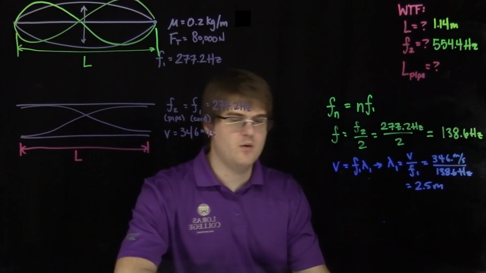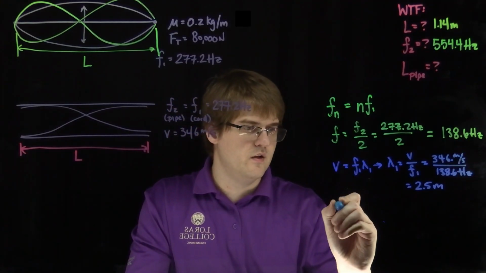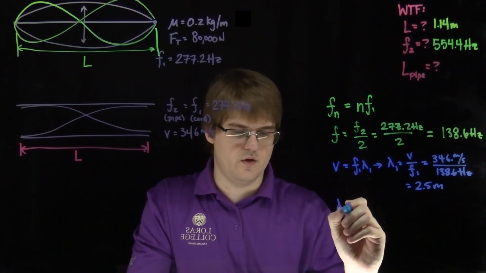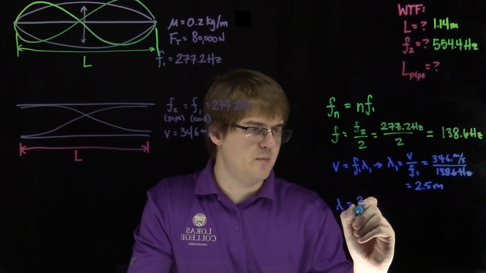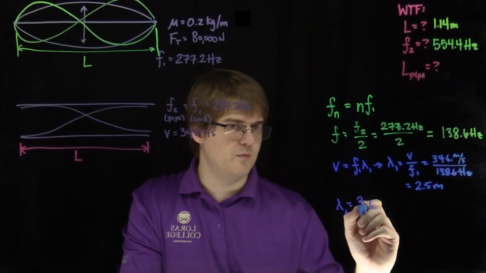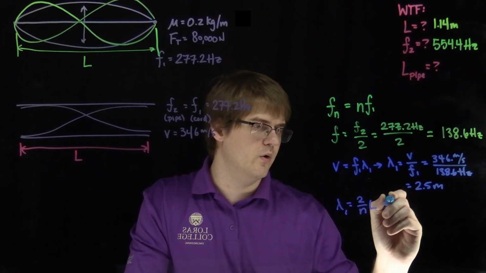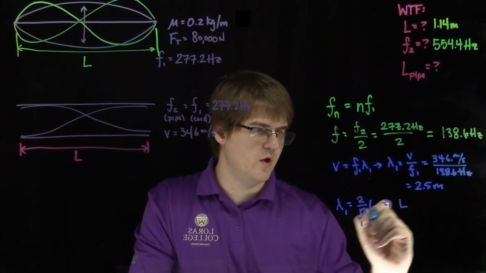And then with that wavelength, I can go ahead and say lambda 1 is going to be equal to 2 divided by n times L. Same thing we've been doing. And in this case, this n becomes 1.